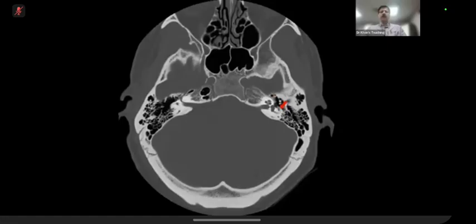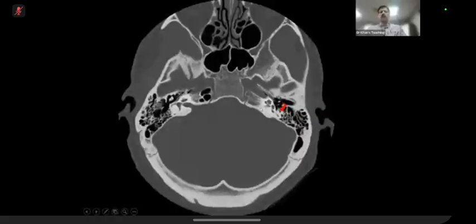So what I do is when I am reporting a temporal bone, to orient myself, I see the cochlea. So I call the cochlea the flower. This is the flower. It is a very prominent structure. And of course, the cochlea will be at the level of the cochlear nerve. So here will be the internal auditory canal.